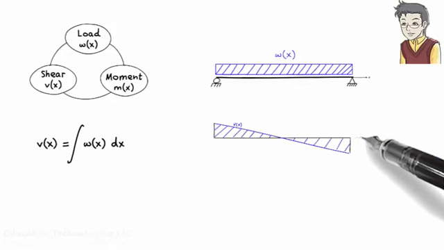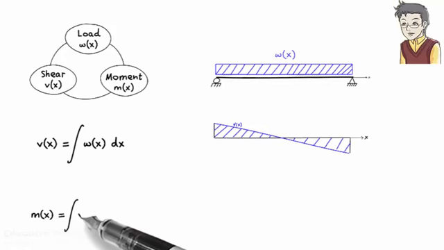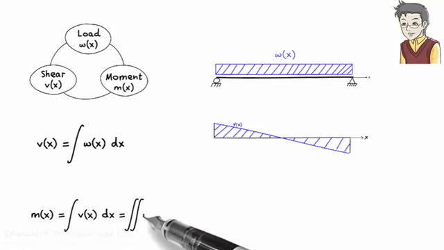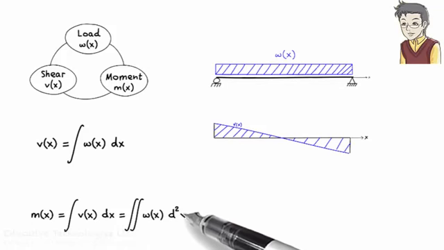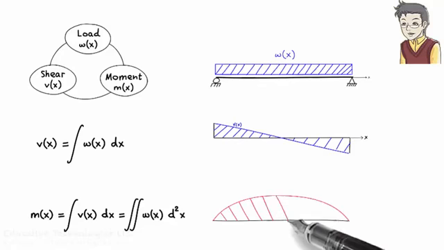looks like this. Similarly, bending moment can be defined as M(x) equals the integral of V(x), which equals the double integral of w(x), since V(x) is defined as the integral of w(x).